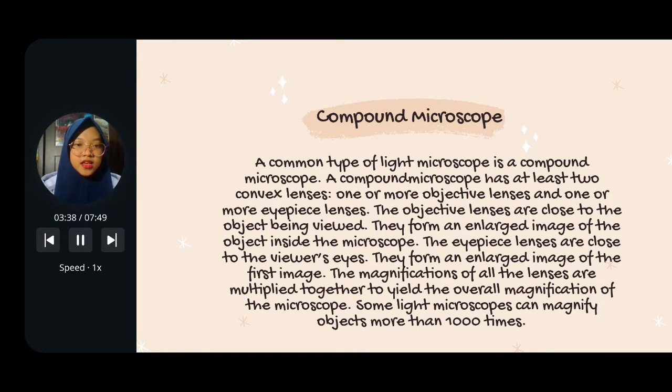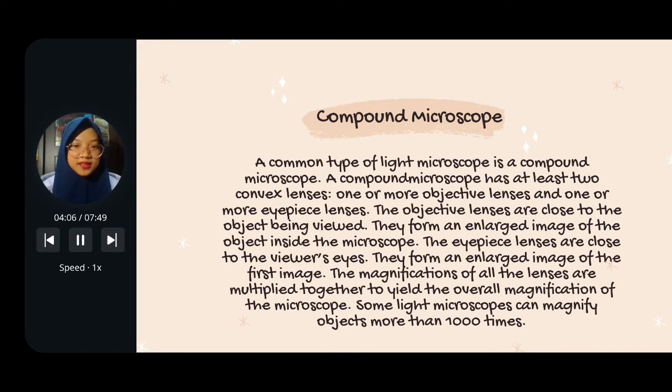The next is compound microscope. A common type of light microscope is a compound microscope. A compound microscope has at least 2 convex lenses, 1 or more objective lenses, and 1 or more eyepiece lenses. The objective lenses are close to the object being viewed. They form an enlarged image of the object inside the microscope.